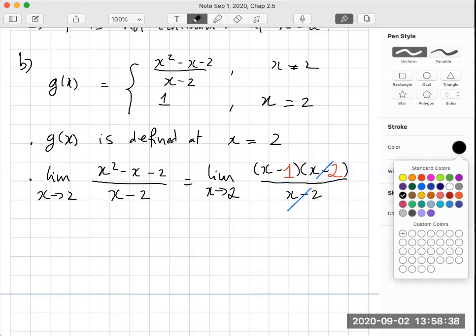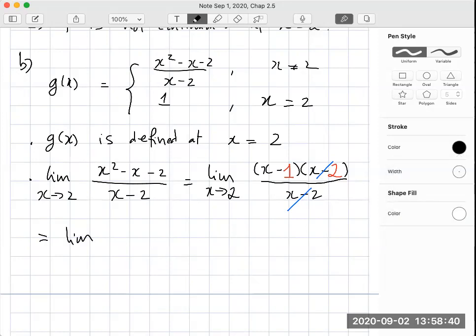Now it becomes limit when x approaches 2 of x plus 1. Oh, yeah, plus 1. Very good. Thank you. Plus 1. So this is a polynomial of degree 1 or a linear function. As we have mentioned before, this polynomial is continuous everywhere in the domain.